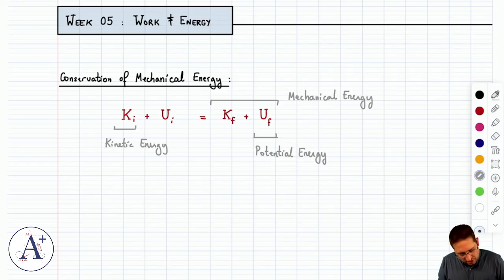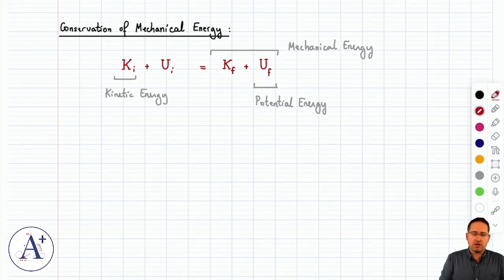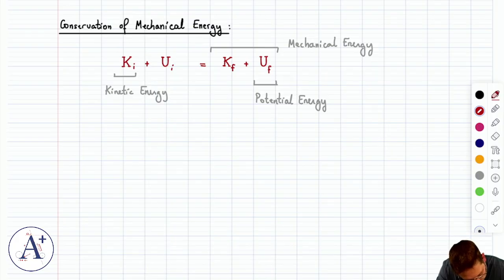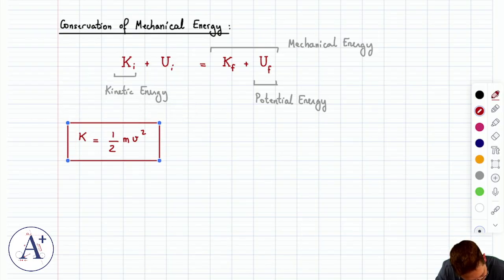And so potential energy is a little bit trickier than kinetic energy because there might be more than one term, but we're just going to list them down here so that we all agree. So kinetic energy in general is 1/2 mv squared. And this is energy due to motion. Then there's energy due to position.